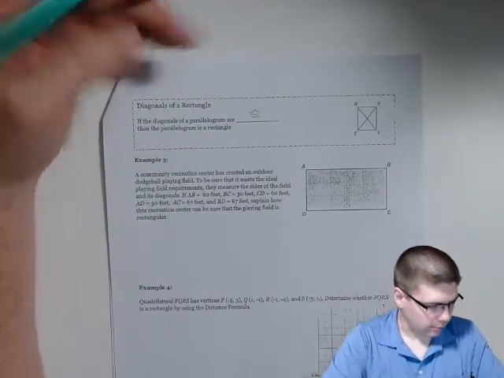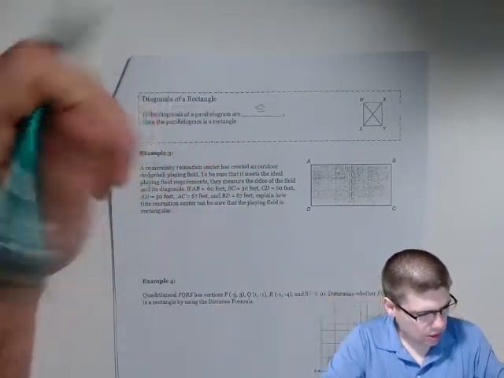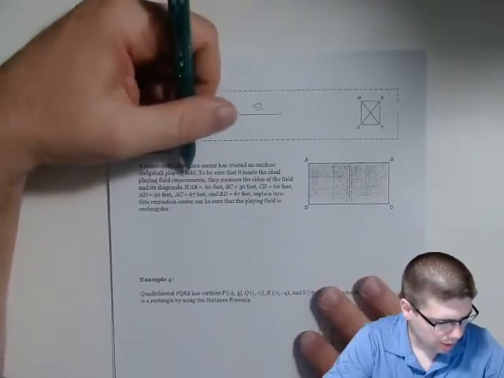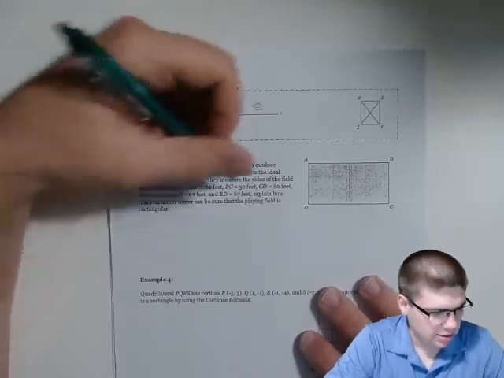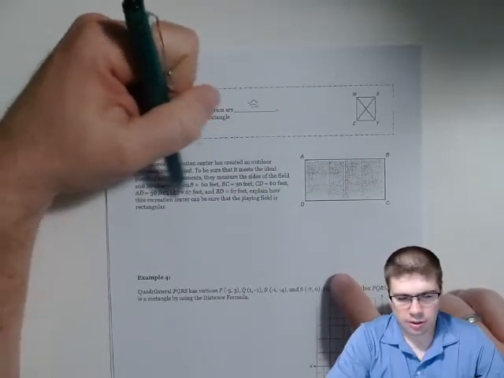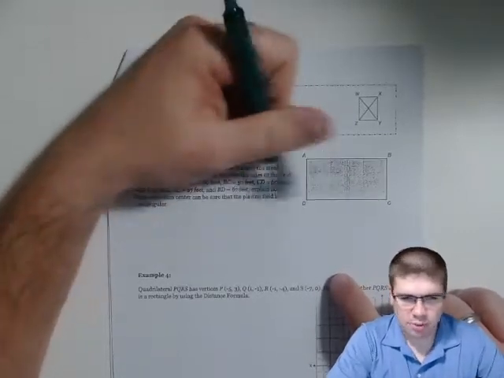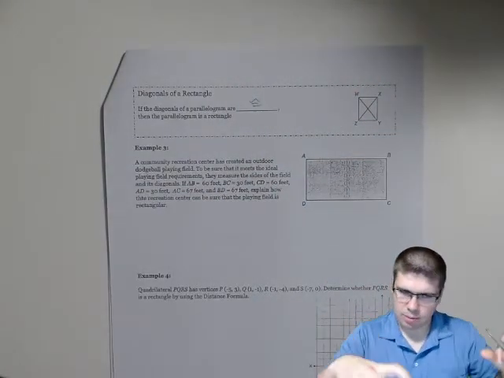All right, Community Recreation Center has created an outdoor dodgeball playing field. To be sure that it meets the ideal playing field requirements, they measure the sides of the field and its diagonals. So that's actually something you do a lot in construction. If you know you're supposed to make a rectangle, measure the diagonals, because you can make all four sides right, but it's just a parallelogram, right?